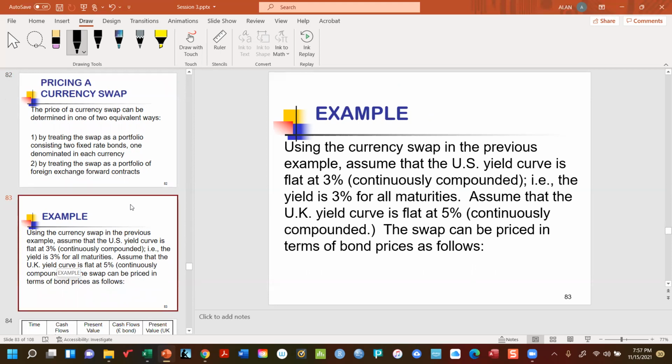Now, Hull loves to do this in his book. He loves to assume that the yield curve is not only continuously compounded, flat means it's 3% for every maturity. That means the yield curve in the United States is 3% flat across the board, and it's continuously compounded. In the UK, it's going to be 5.